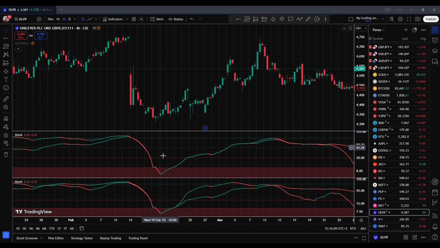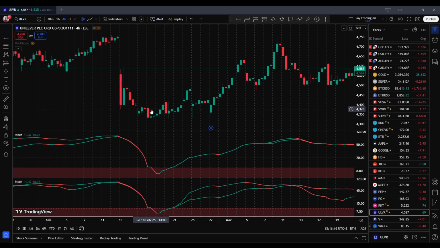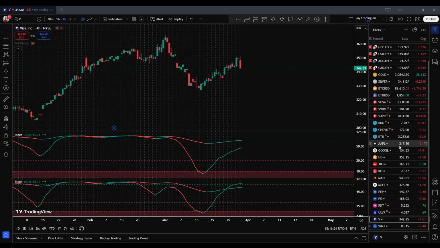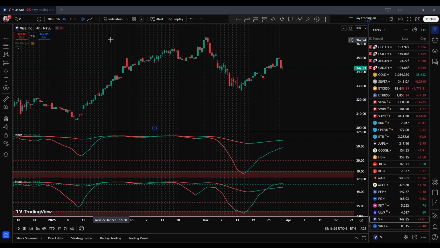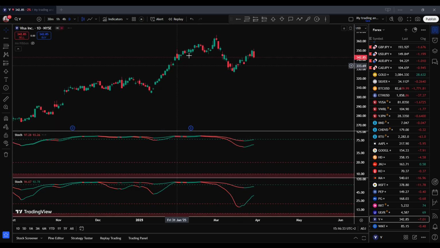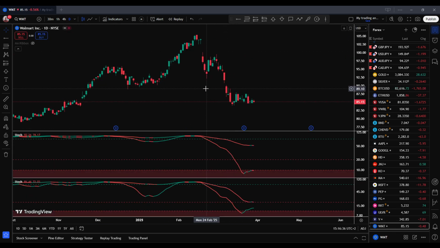Oversold stochastics, change in trend at the same time. Invest here, and price at the moment is at these levels here. Visa, the next stock, and Visa is in good trend from the 4-hour and from the daily.